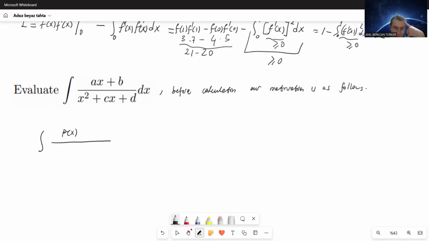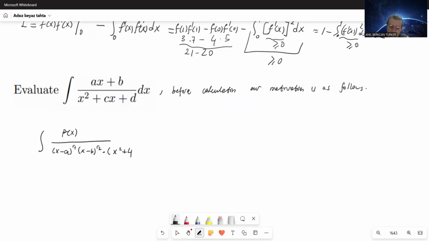polynomial over, let me call it, x minus a to the power r1, x minus b to the r2, and some irreducible degree 2 polynomial, x squared plus 4.